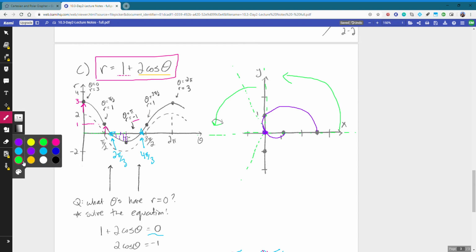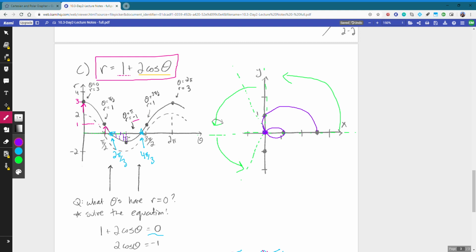Our r is getting less and less negative, so we're slurping in. And so we're going to get sort of this inner loop where we hit 0 again right at the 4 pi over 3 angle.